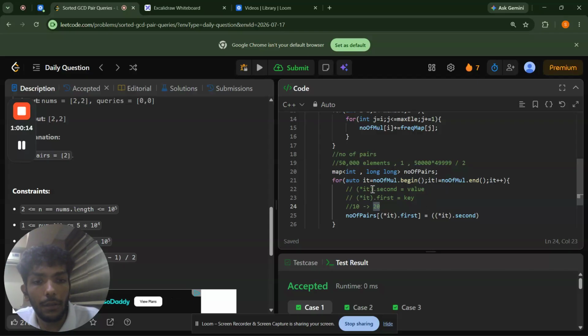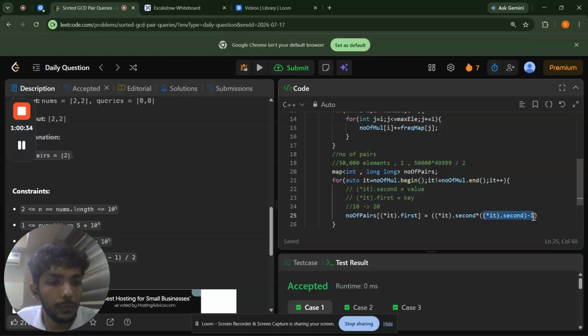So we get the value through star it dot second. So we have done n, then this is n minus 1. You getting it? And then divided by 2. Now we have found out the number of pairs for which it is a potential candidate.